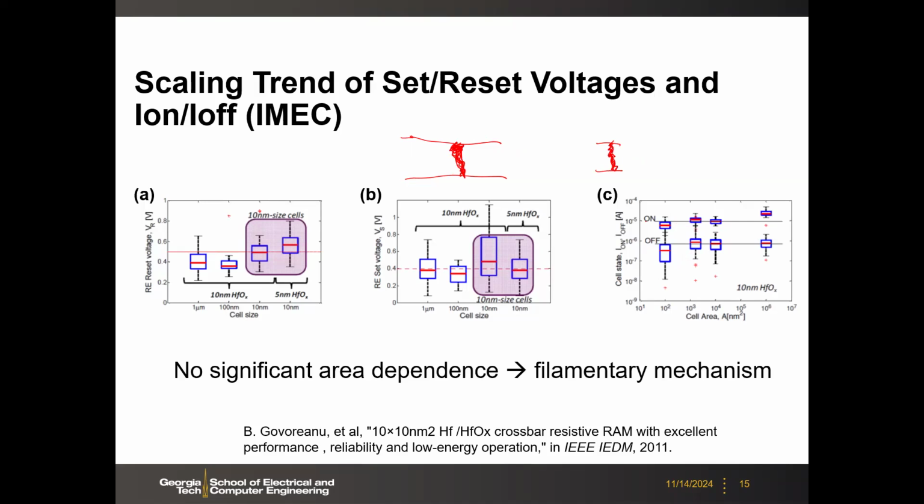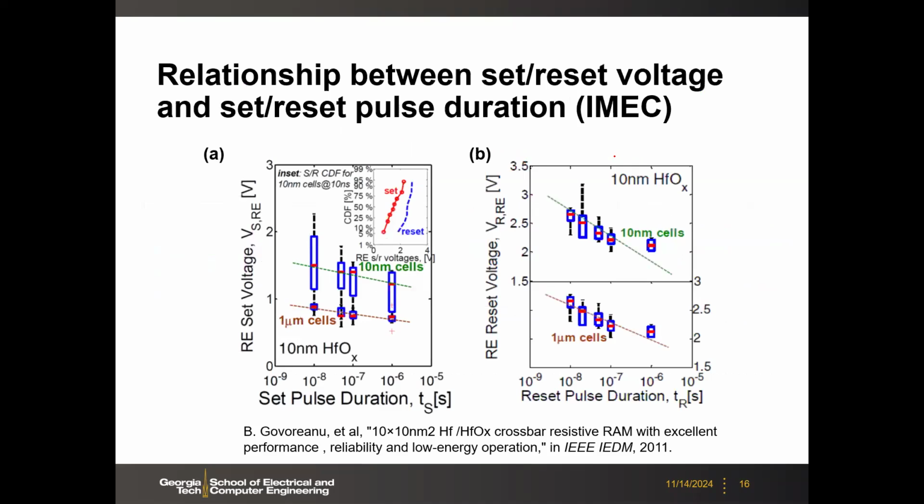Okay, so this is the relationship between the set and reset voltage versus the pulse width. Here there's a slight dependency. Let's say at the faster speed, the 10 nanosecond switching, you need a little higher voltage, especially for the reset.